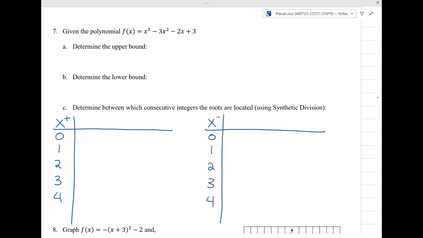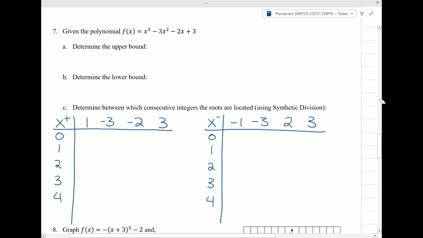But this is how we always set it up. And for the positive x-intercepts, we use the coefficients 1, -3, -2, and 3. For the negative x-intercepts, we're changing the signs of the odd powers of x. So -1, -3, +2, and +3.